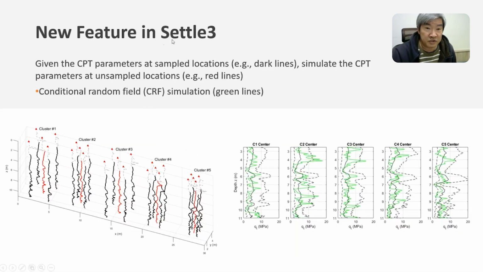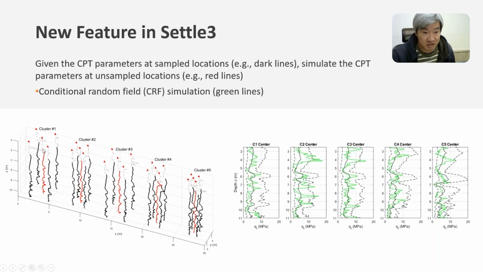Okay, so the main function of this new feature in Settle3 is to simulate given CPT parameters at sample locations. I mean the dark lines. Given the dark line data, we want to simulate a CPT parameter at n sample locations, such as those red locations. What we do is conditional random field simulation, and this just gives you a sense of what it does.